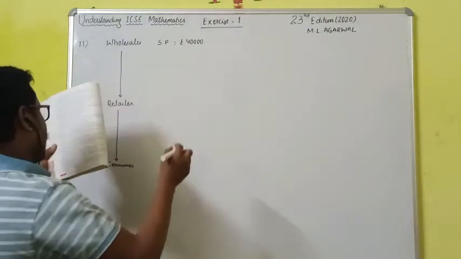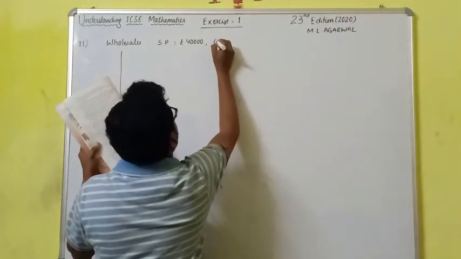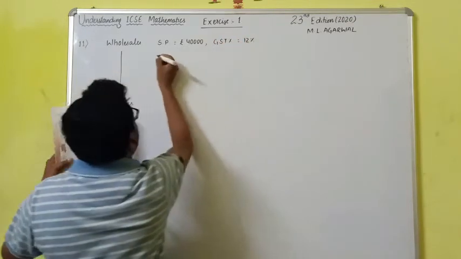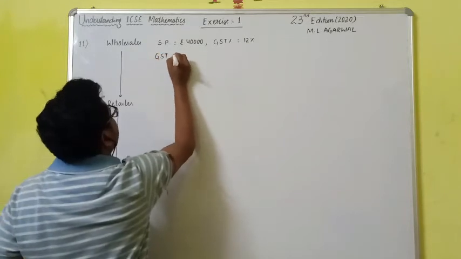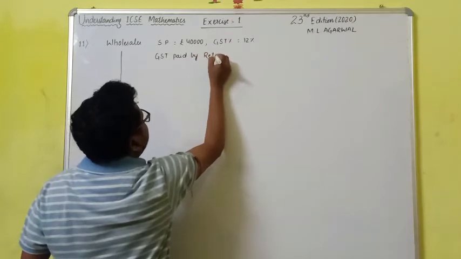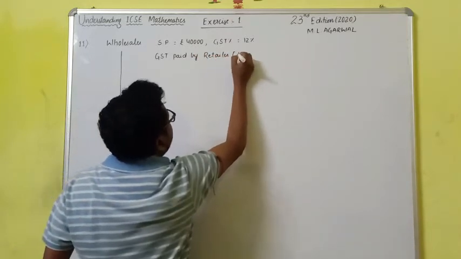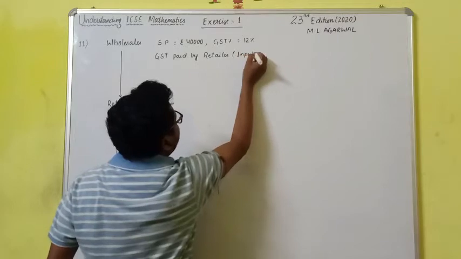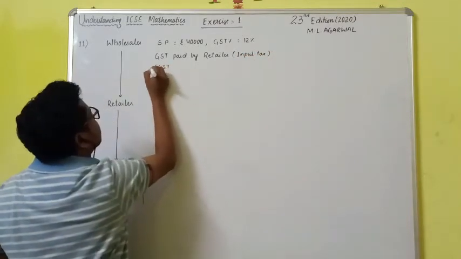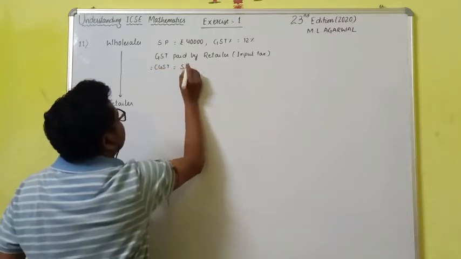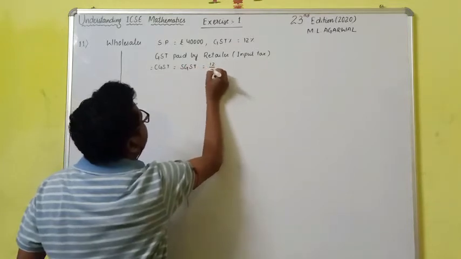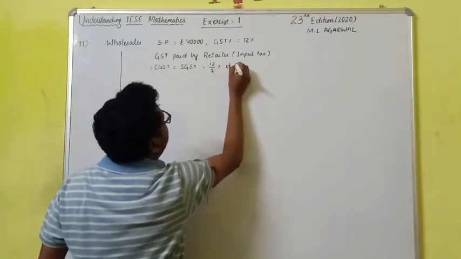See here, and GST is here. GST percent is here 12%. So GST paid by the retailer, that is input GST or input tax, is equal to CGST plus SGST, which is 12 by 2 percentage of rupees 40,000.